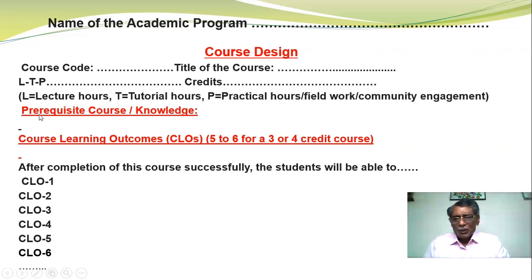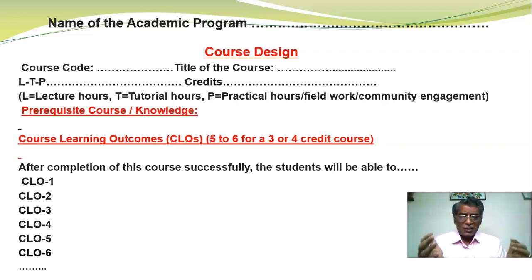Then prerequisite course or knowledge for the understanding of that particular course. Sometimes you have a level 2 course, level 1 course will be the prerequisite course. For a level 3 course, level 2 course will be the prerequisite course. But what is the prerequisite course for level 1 course?